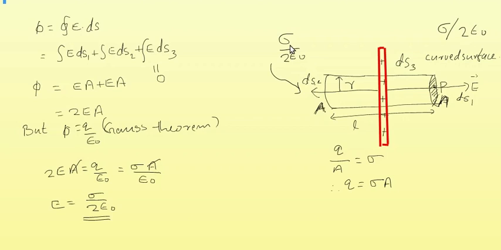So sigma by 2 epsilon 0 is present on the left side and also on the right side. So we have seen that the electric field due to a plane sheet of charge is sigma by 2 epsilon 0.